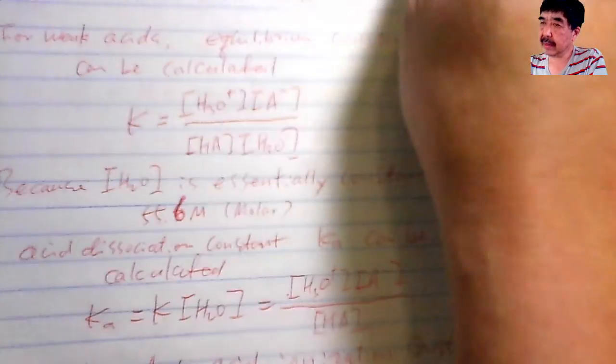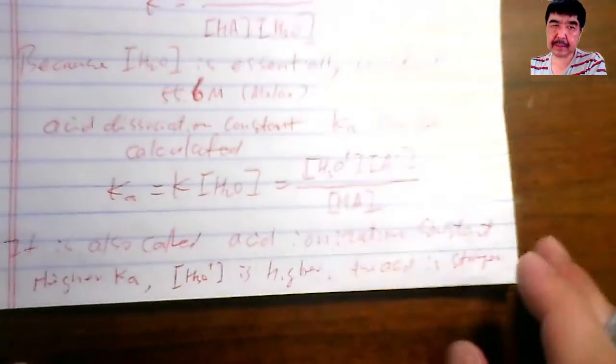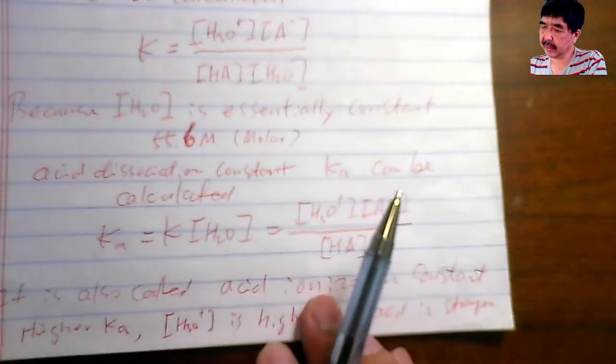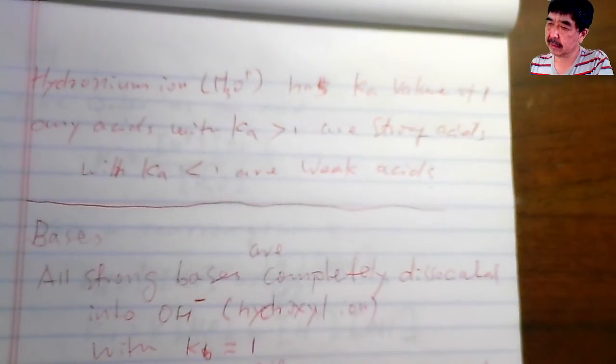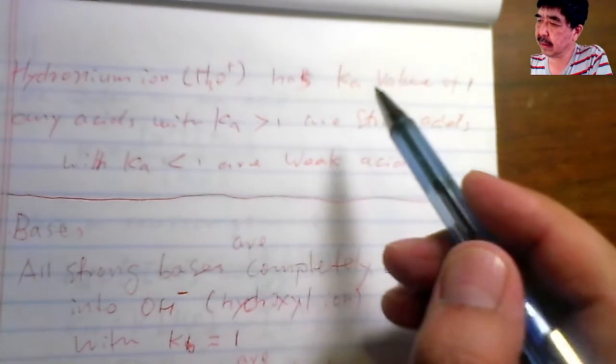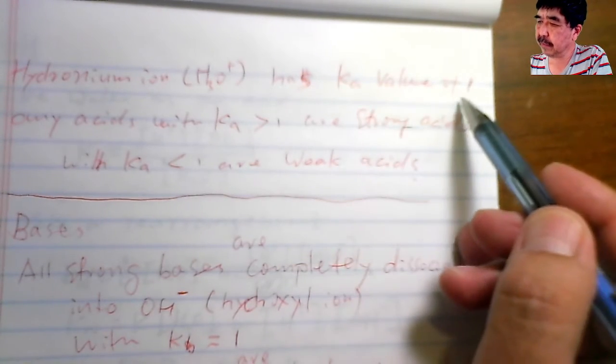From this equation you can see if the Ka is higher, the hydronium ion is higher, so the acid is strong. If the Ka is small, the hydronium ion is small, the acid is weak. Another thing we want to talk about is hydronium ion. Hydronium ion has a Ka value of 1.